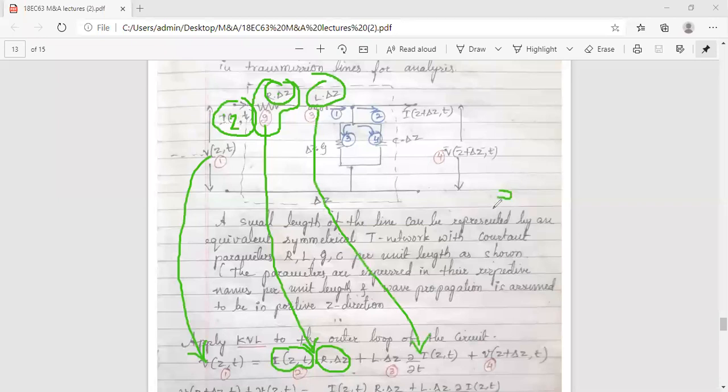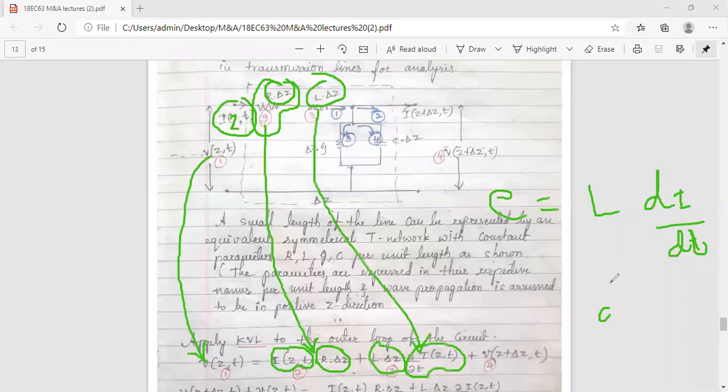I think you know EMF induced is equal to L di by dt, right? So whenever there is an inductor, you should be writing it like this. So L into, but L is L into delta of Z into di by dt.